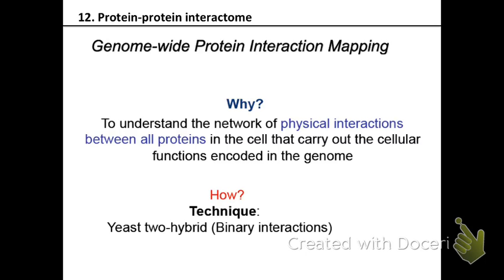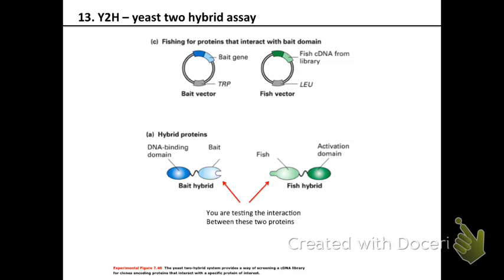The yeast-2 hybrid technique measures binary interactions. That is, basically, does the interaction occur or not? What you do in this technique is you build two plasmids. You clone a part of your gene that encodes the protein that you want to test.